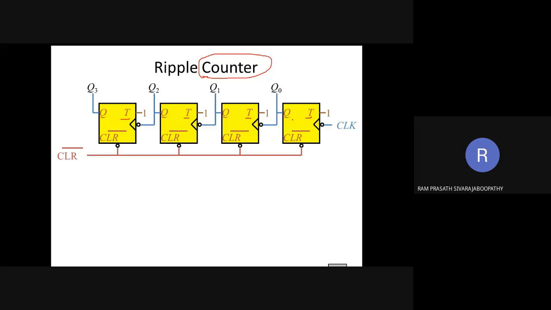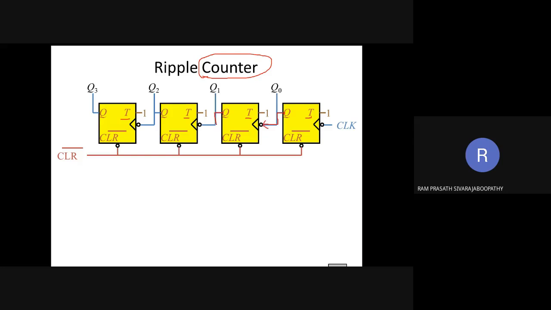As all are toggle flip-flops, I am making all T inputs 1. All flip-flops' T input is made logic 1. What it means? When we are providing a clock pulse, automatically it toggles. That's all. Fine. Here you can see the output of the last flip-flop is given as a clock to the next flip-flop.